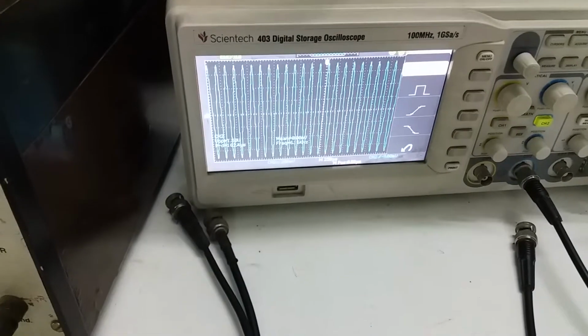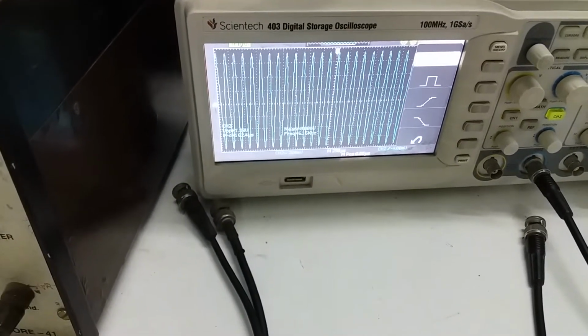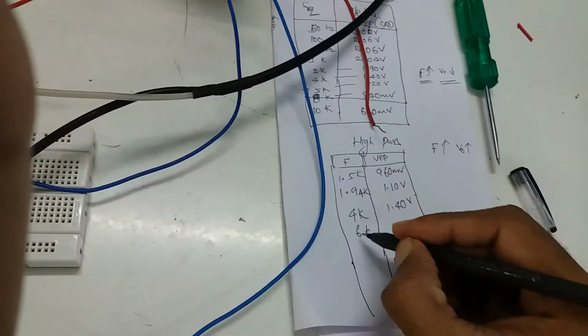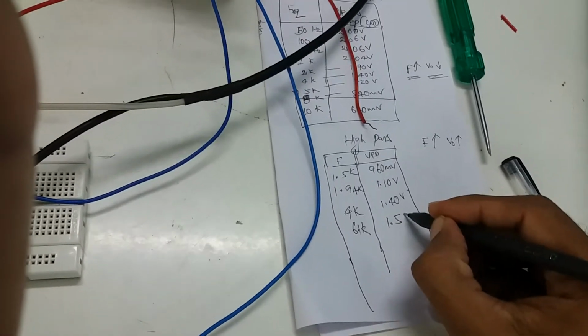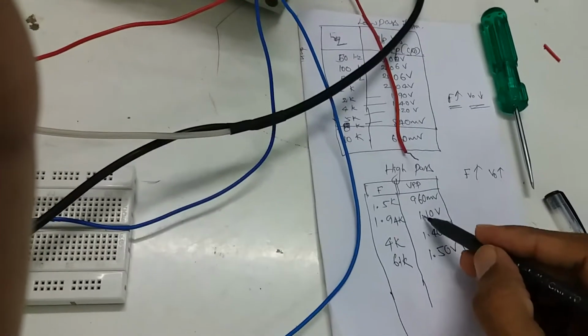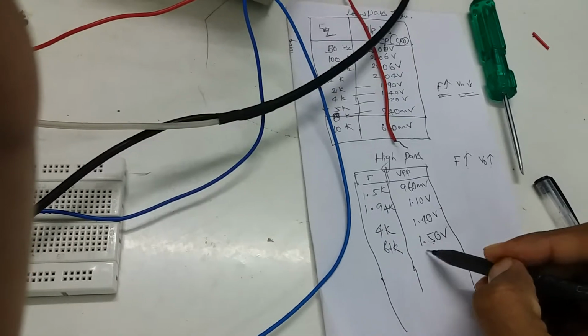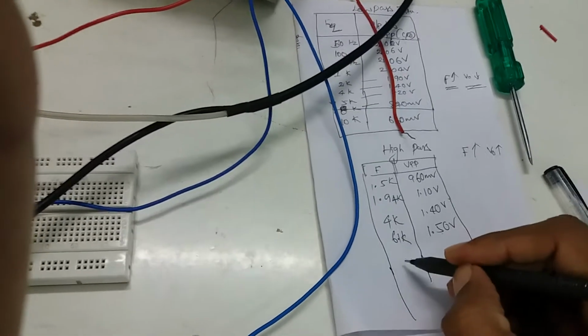Then what is the output voltage? 1.50. See that it is almost readjusted. Here it is 6.1 kilohertz and 1.50 volt. So 1.1, 1.4, 1.5. It keeps on increasing.